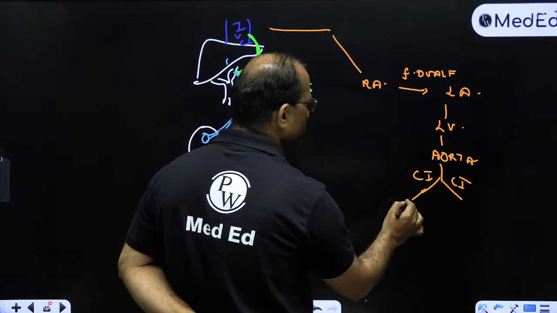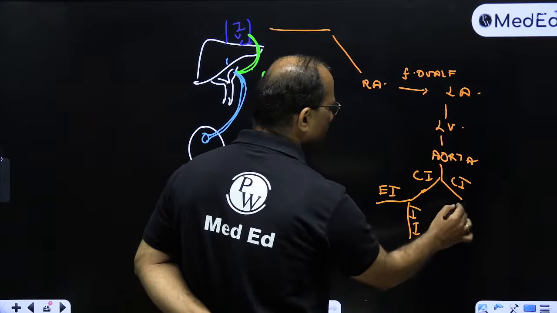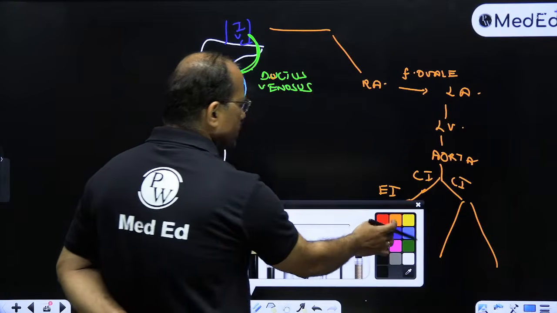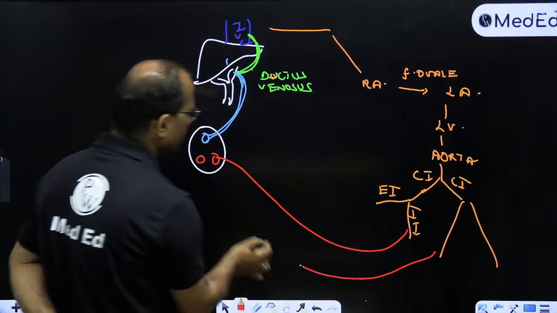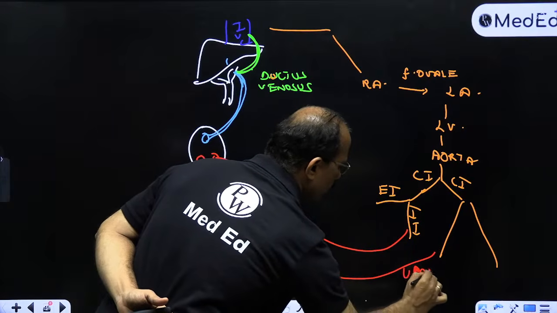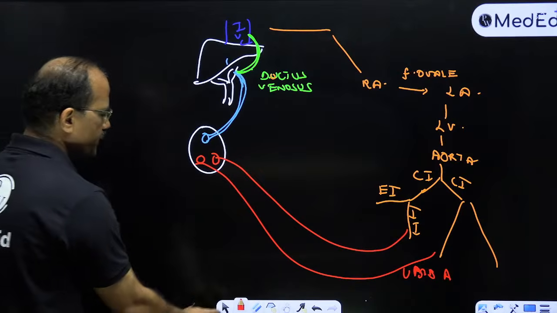Common iliacs divide into an external iliac and an internal iliac. From the internal iliac, there are 2 umbilical arteries. So umbilical arteries are branches of the internal iliac.